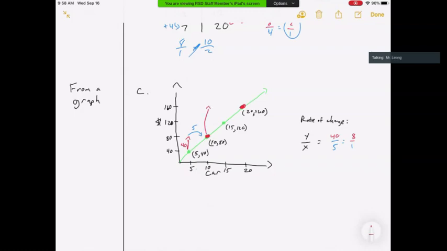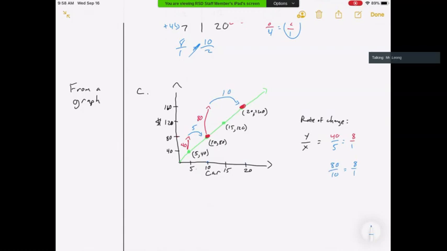I'm going from 80 up to 160. 80 up to 160 is up 80. And then how much do I need to go over? That's going from 10 all the way to 20, which is 10. Guess what? That's 80 over 10. What's 80 over 10? 8 over 1. You see that?